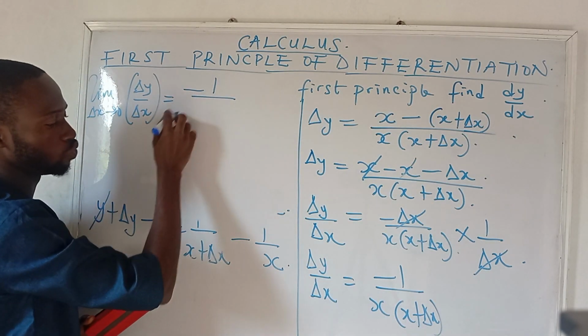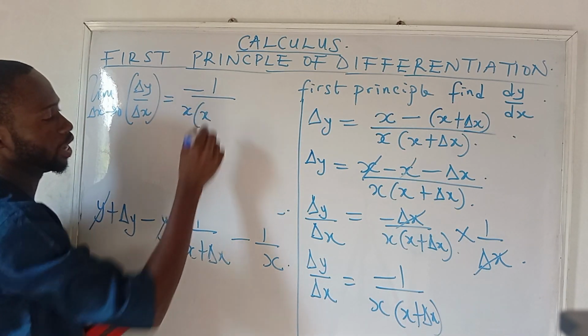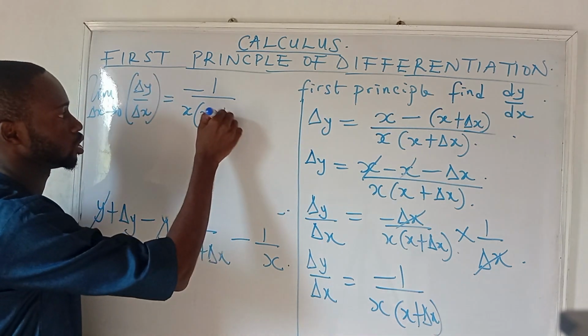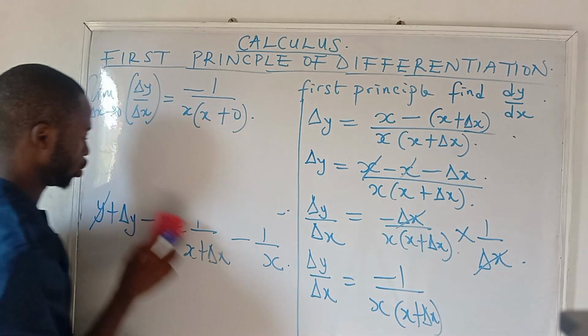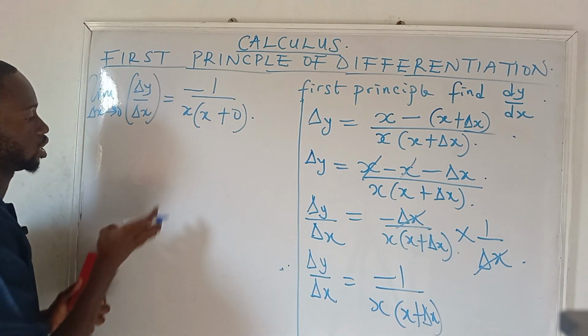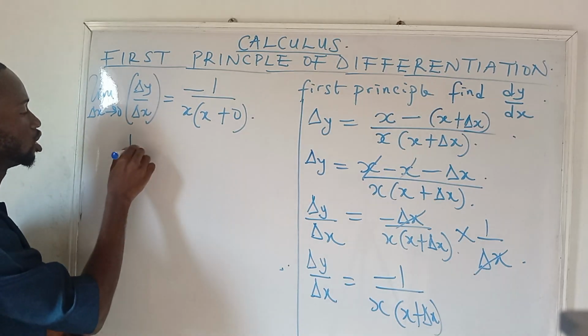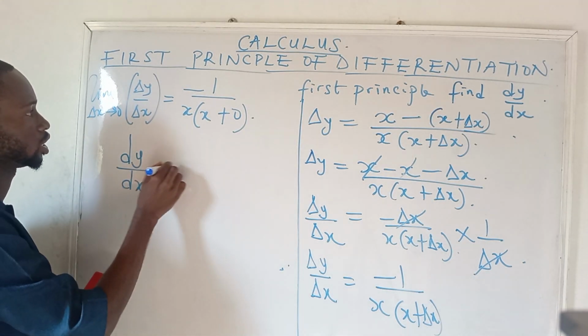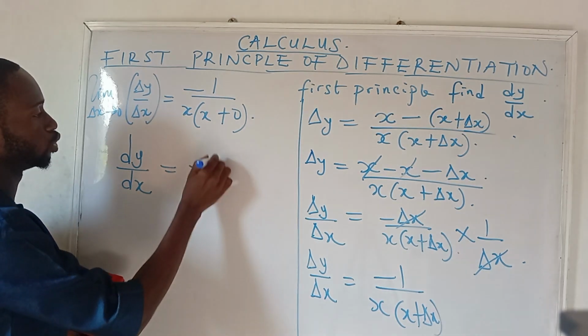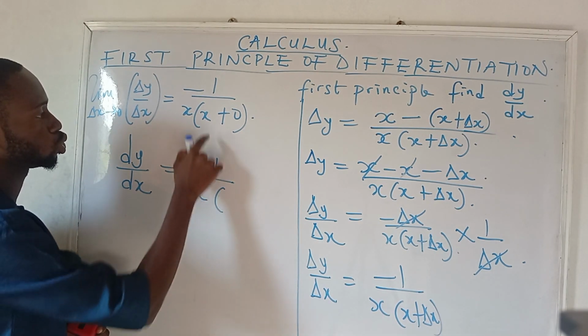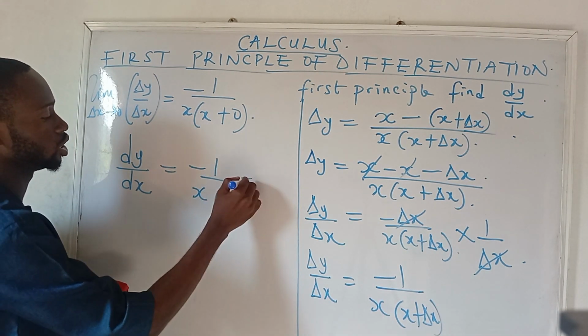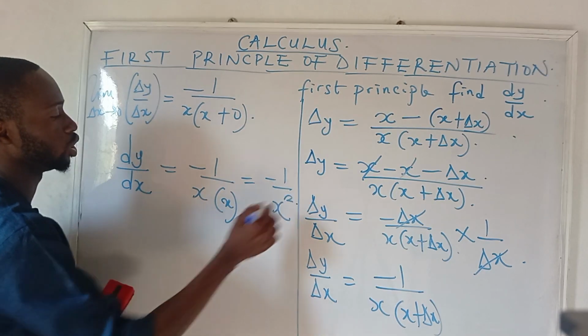So minus 1 over x into x. Now if I limit change in x to 0, I'm going to have dy over dx is equals to minus 1 over x into x plus 0, which is x. Then this gives us minus 1 over x squared, right?